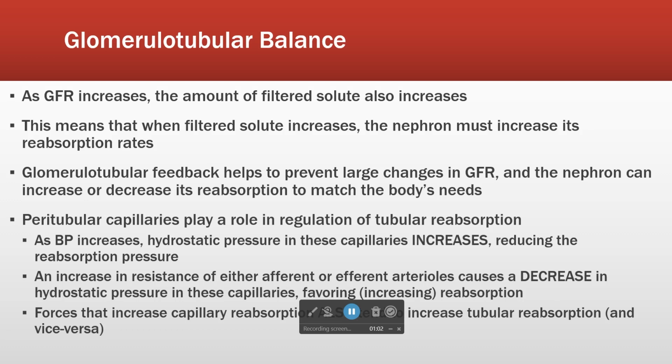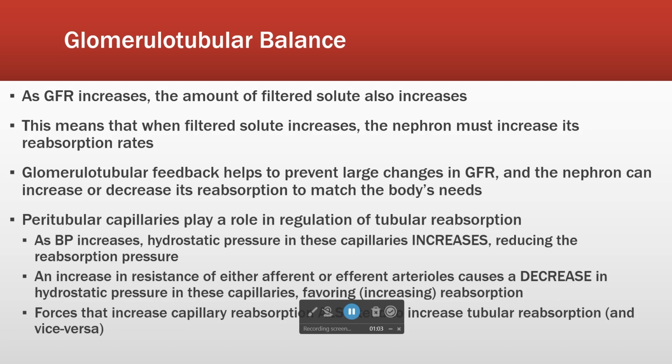So this prevents the nephron from having to dramatically increase or decrease its reabsorption. So at least that slows it down. It's a stabilizer, right? So the cell can kind of do the same thing all the time and keep the GFR in its range instead of the other way around.